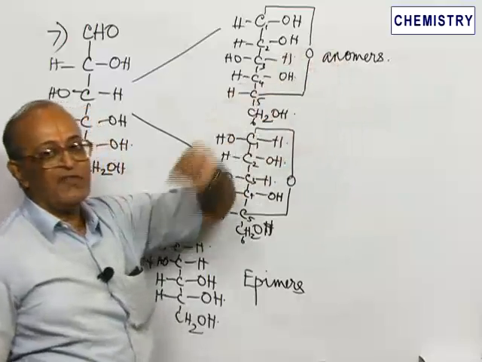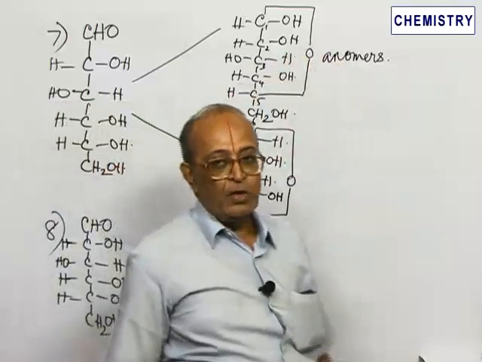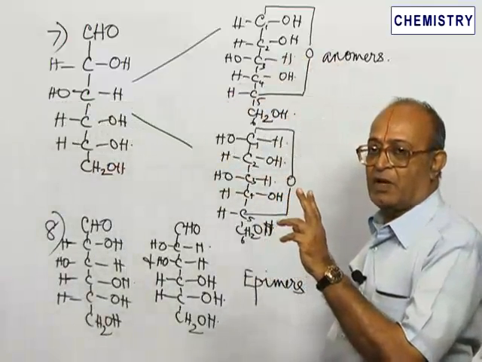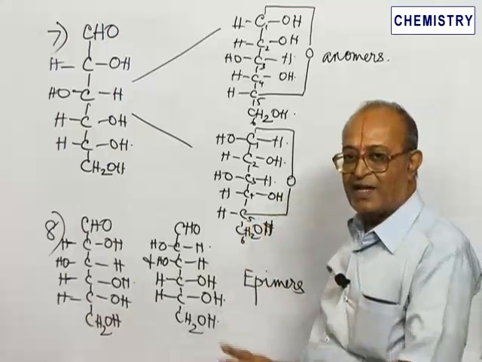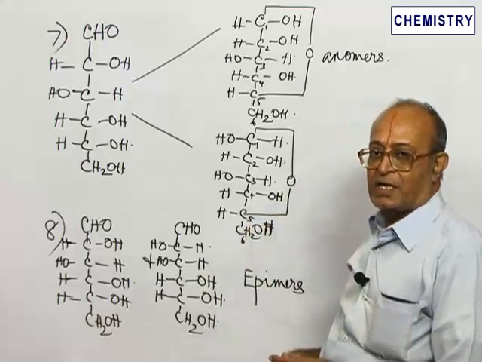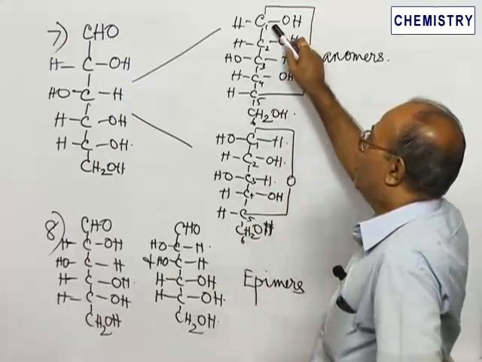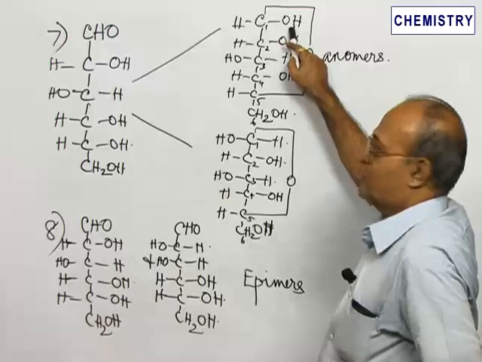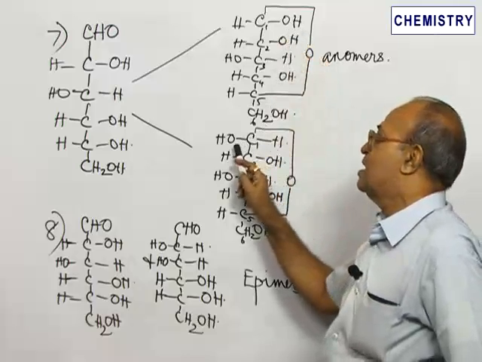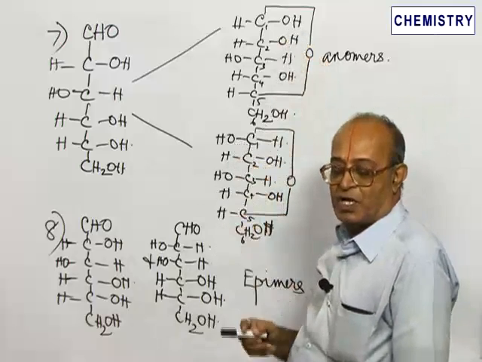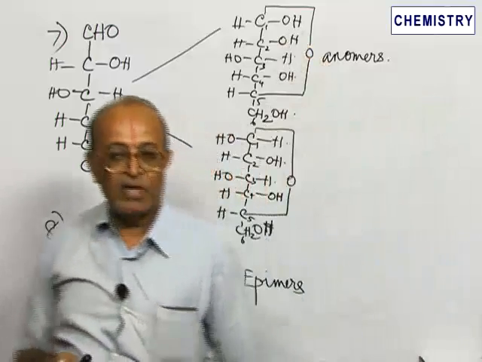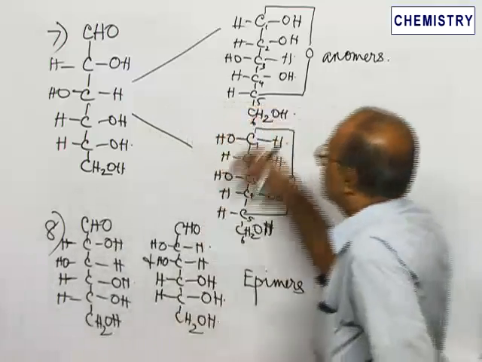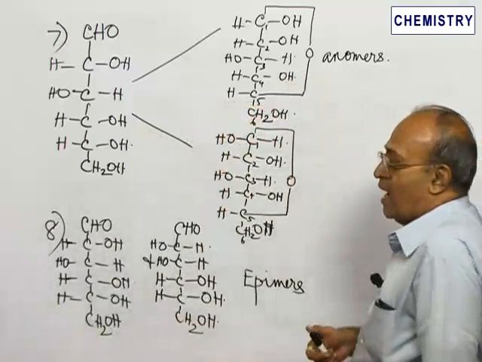So, in the case of anomers, you think of 2 ring structures, and the difference lies in the fact that the configuration around C1 is different. That is, here OH lying on the right hand side and here OH lying on the left hand side. So these two are known as anomers.